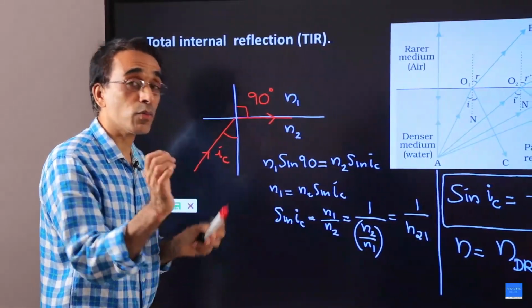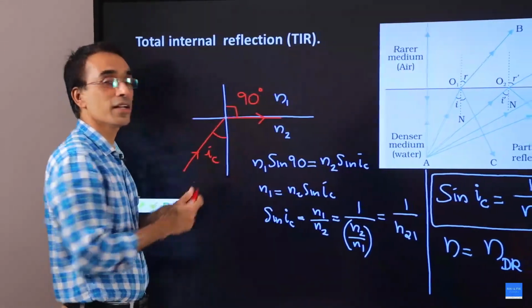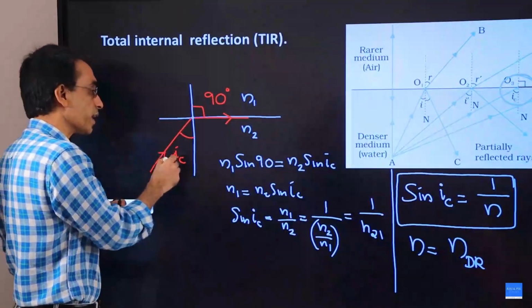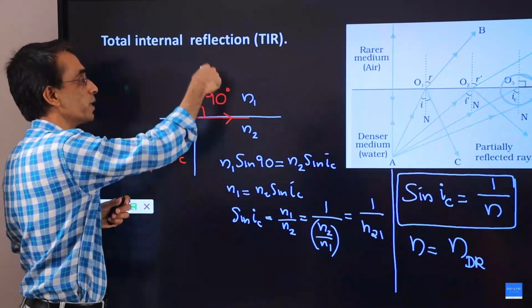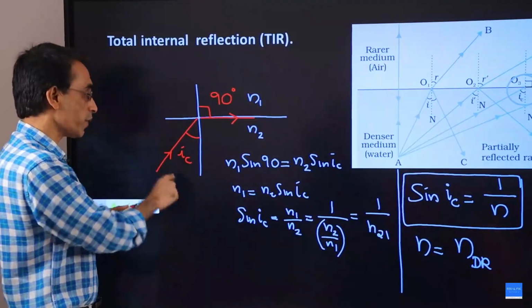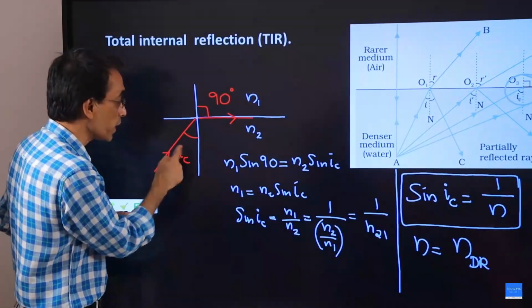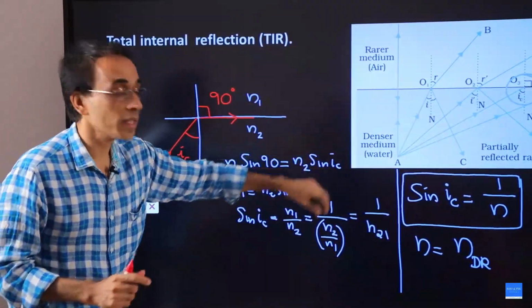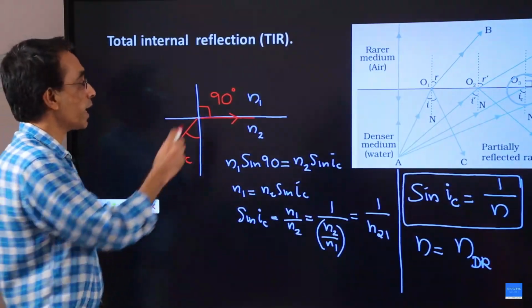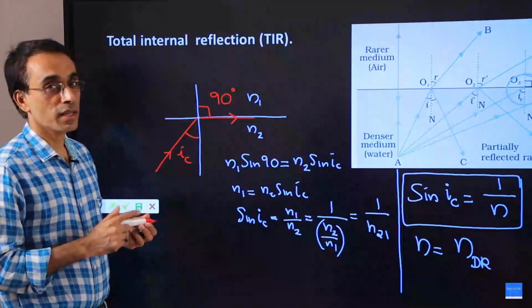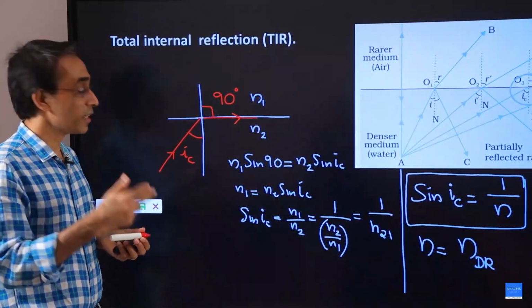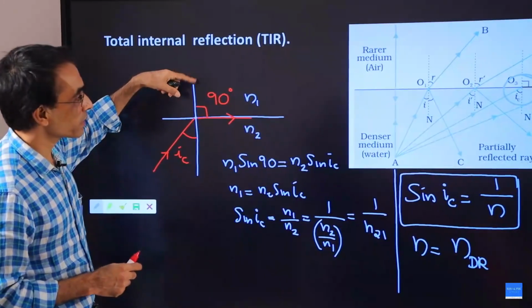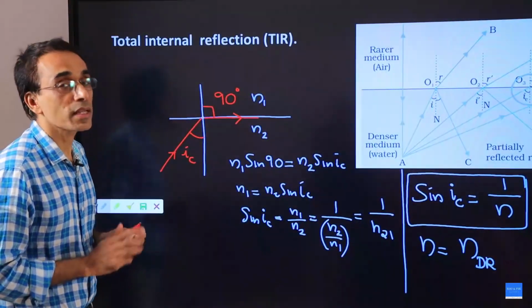Now we need to define what is critical angle. For this angle the refraction angle is 90 degrees. So we will define critical angle as the angle of incidence in the denser medium for which the angle of refraction in the rarer medium is 90 degrees.